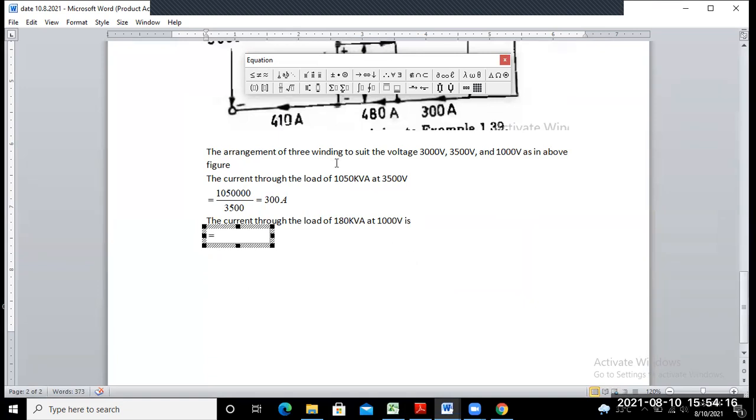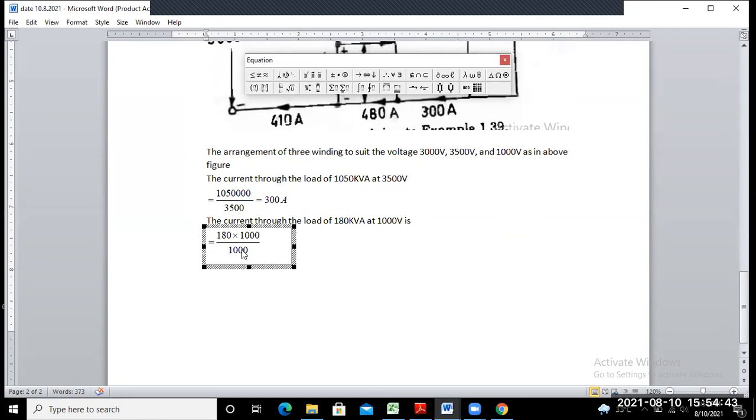180 kVA can be converted into volt ampere if you multiply by 1000, then divide by the voltage of 1000.